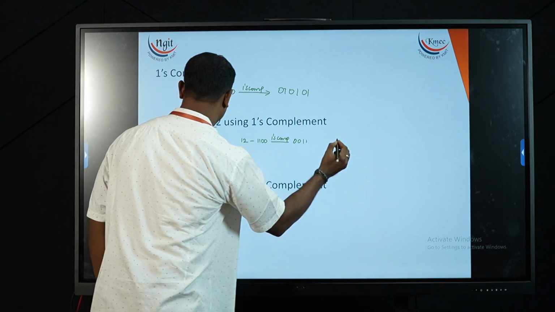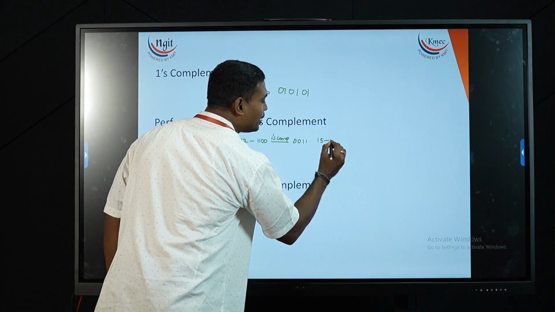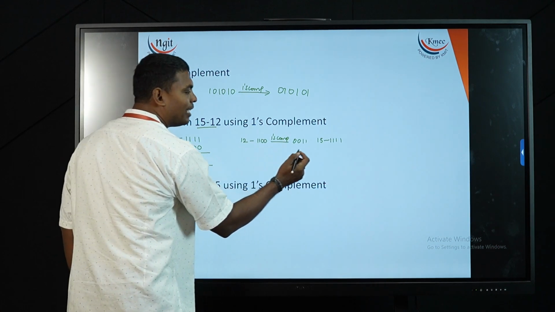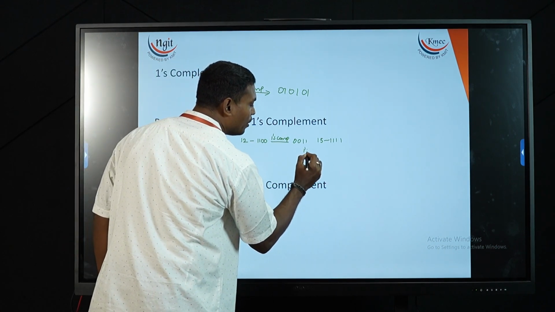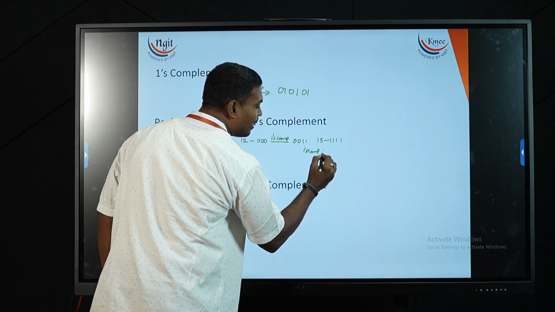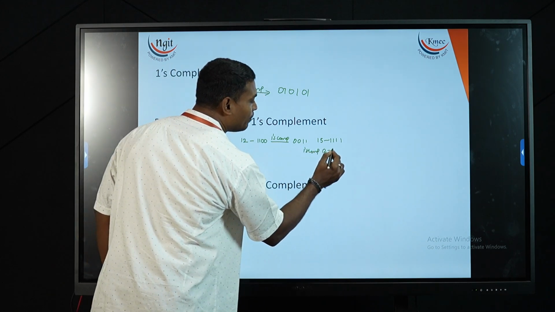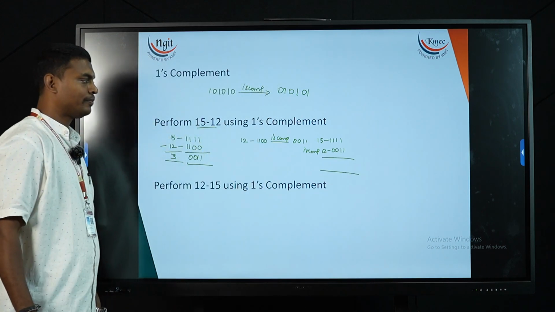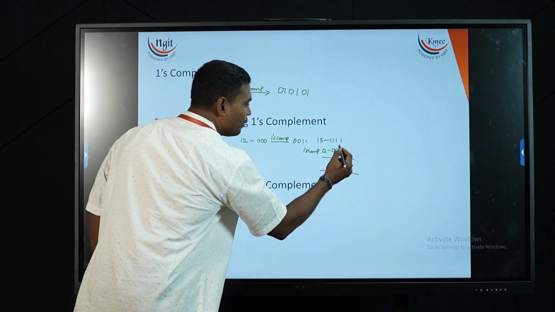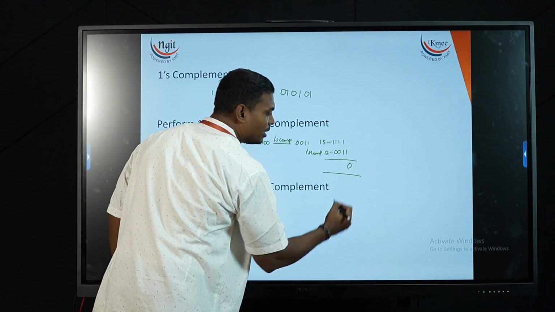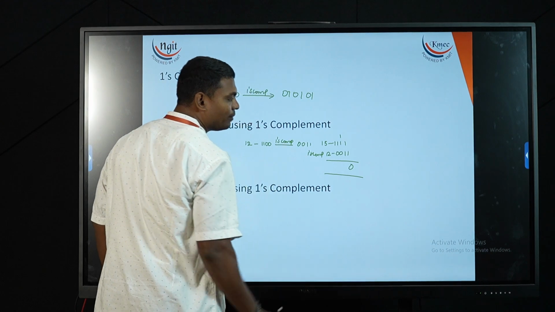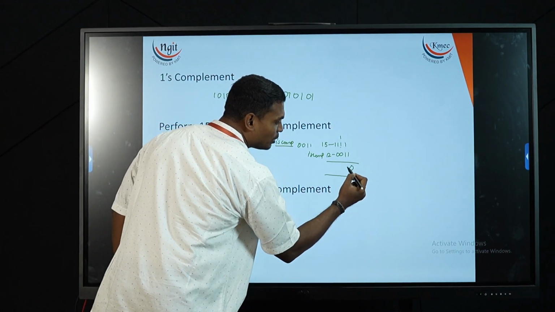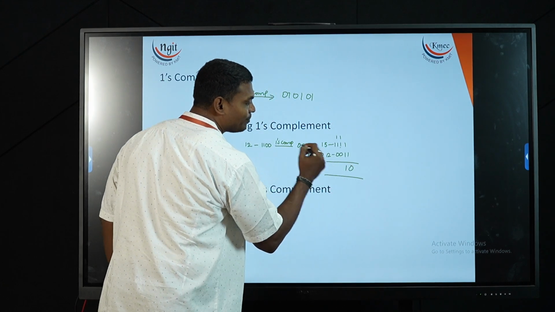Now 15 you can represent as 1 1 1 1. Now the 1's complemented value of 12 is 0 0 1 1. Now I am adding these two numbers. Here 1 plus 1 gives me 0 with carry 1. 1 plus 1 is 0, 0 plus 1 is 1 with carry 1.